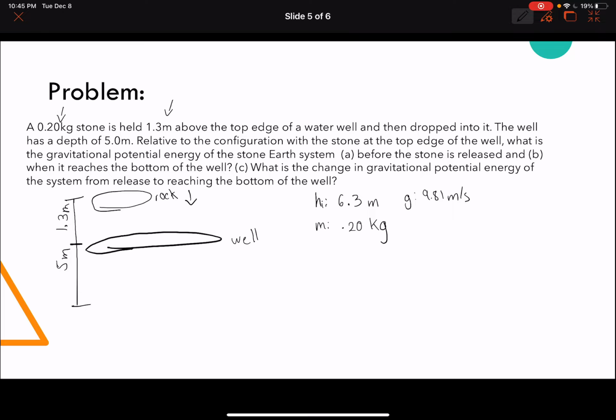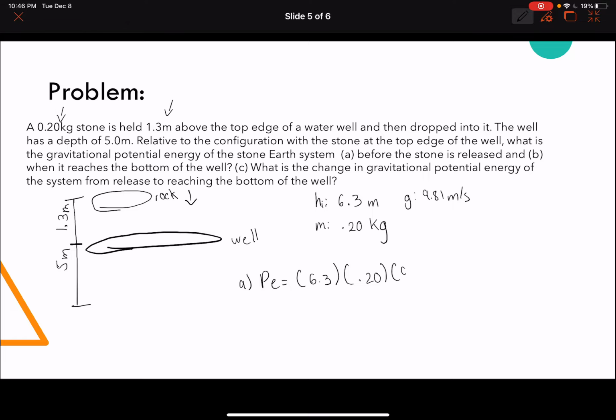Again, if we're dealing with moon gravity, it might be different, but we're just going to stick to 9.81 meters per second squared here. So we're asked, before the stone is released, what is the potential energy? We just plug all these numbers into our formula, which is basically just multiplying them all together.